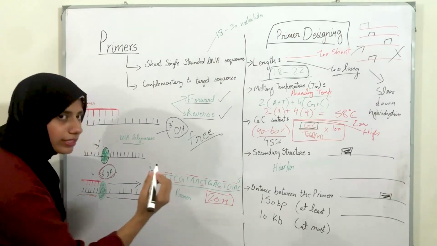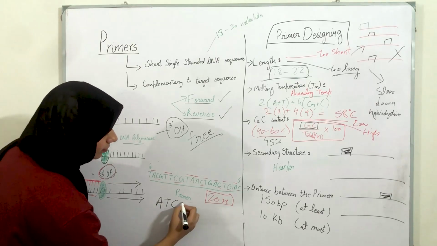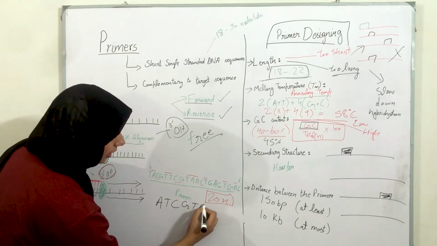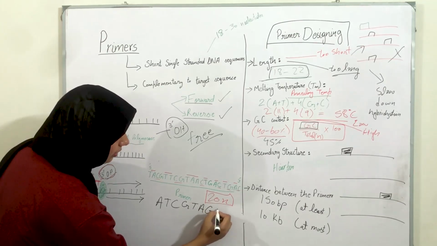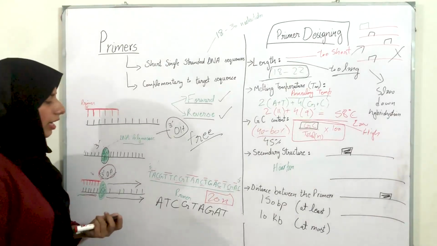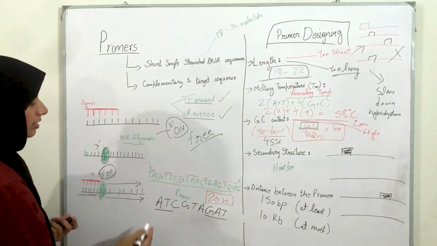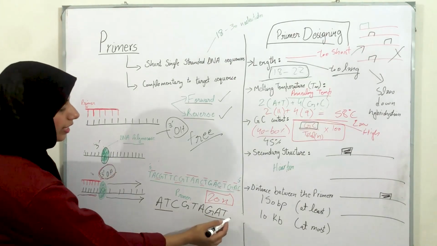Let's suppose you have a sequence A, T, C, G, T, A, G, A, T. This is a sequence and it has a complementary region. As you can see, ATC, GAT.